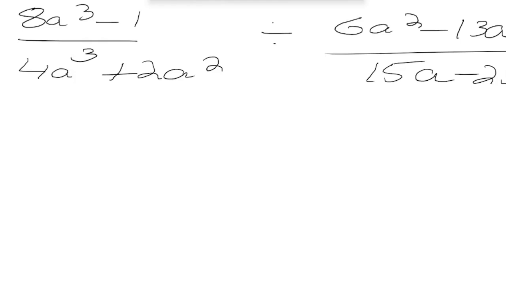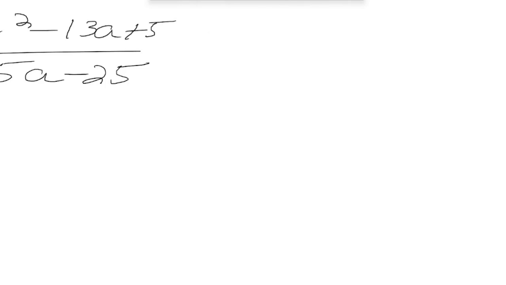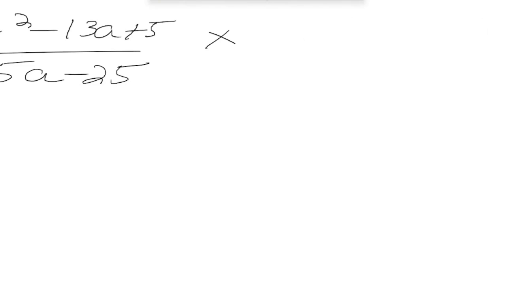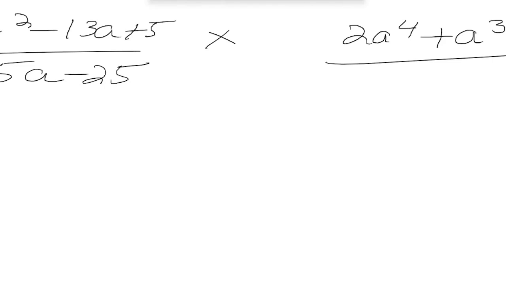Then we have the multiplied sign, and the last expression is 2a power 4 plus a cube divided by 15a square. I made a mistake earlier, that 15a was not here.